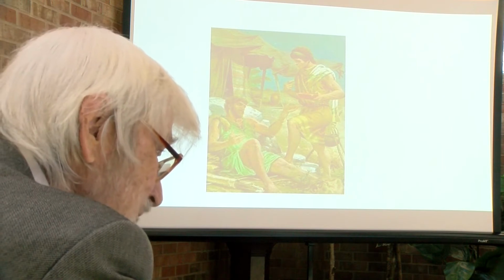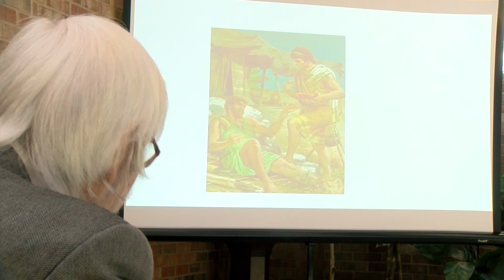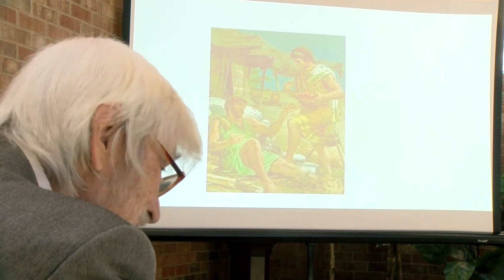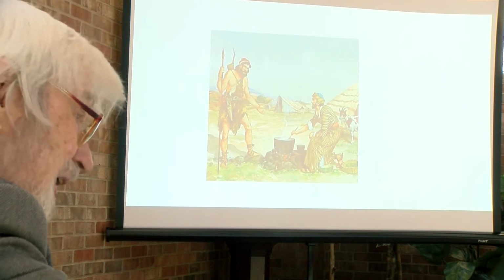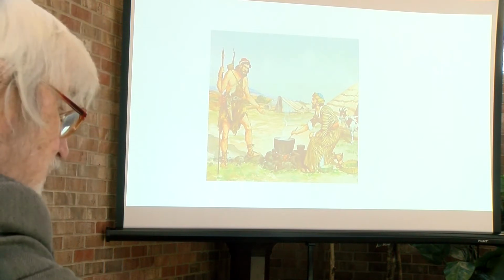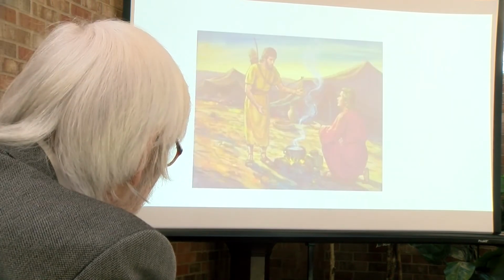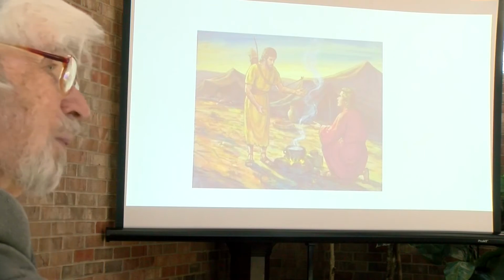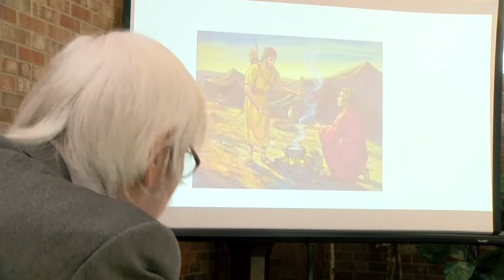Jacob had just made this lentil porridge, and Esau wants some. Jacob says, fine, you can have some, but sell me your birthright. And it says that Esau disdained his birthright, and he sold it for a mess of pottage. I found more pictures of this sale of the birthright than you can imagine.